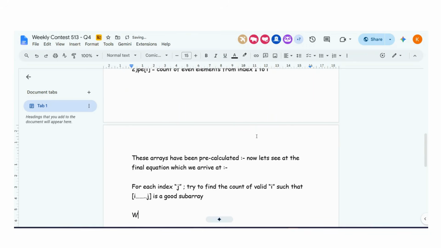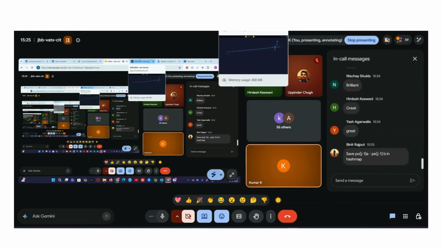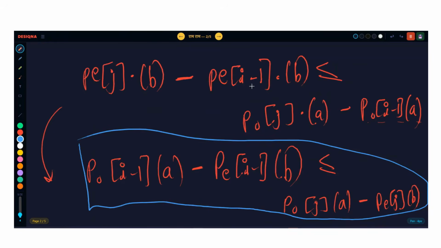And how will that happen? When you are standing at index J, guys, what are you supposed to do? The RHS value is what? When I'm standing at J, what is the value which I need to calculate here? I need to calculate this thing.